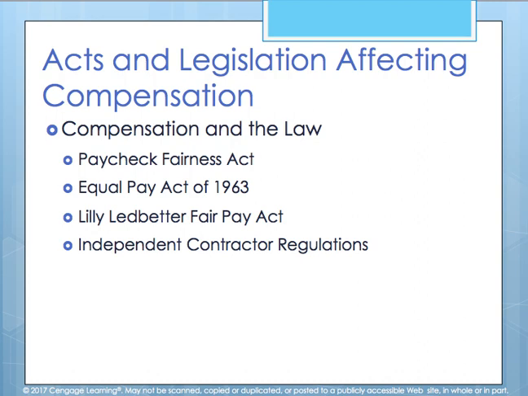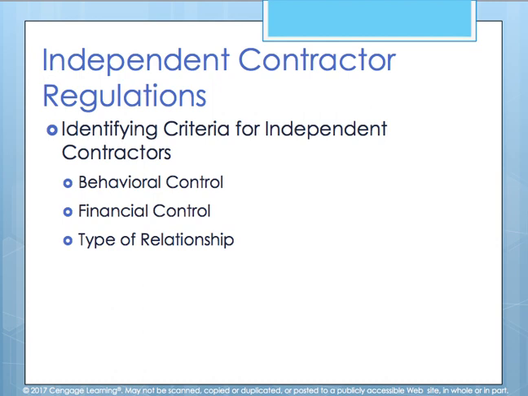Now, there are criteria. If you control their behavior, how they make money, when they make money, and the type of relationship they have, these are some key things that are zoomed in on, because if you have a lot of control over this person, they're more likely an employee than they are an independent contractor.